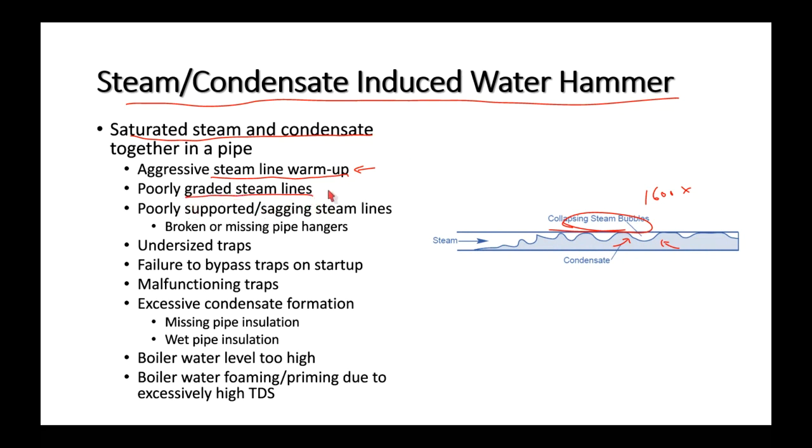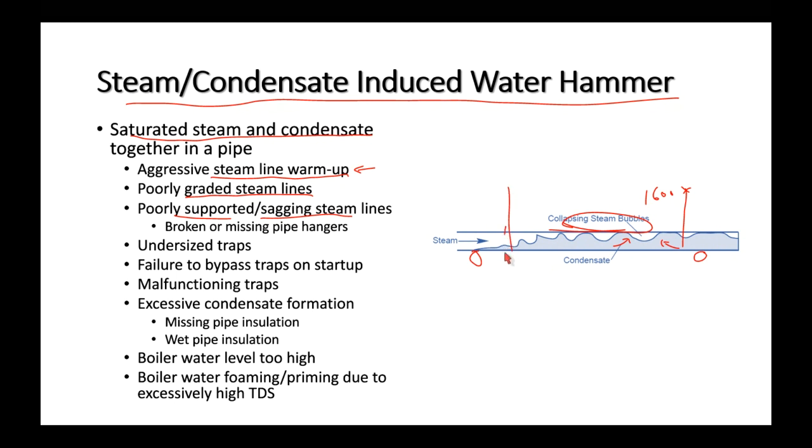Poorly graded steam lines, of course, must be sloped correctly toward the traps. Then there are poorly supported and sagging steam lines. Again, we've got hangers, or maybe we've got roller guides. Well, if the steam pipe has come off of the rollers, then what we're going to get is a sag.